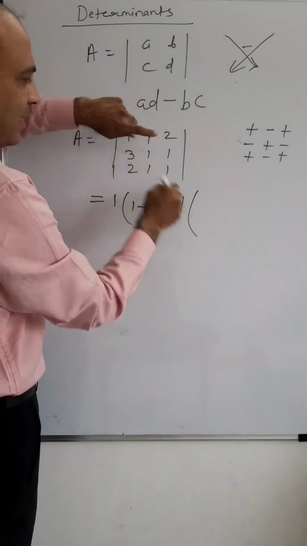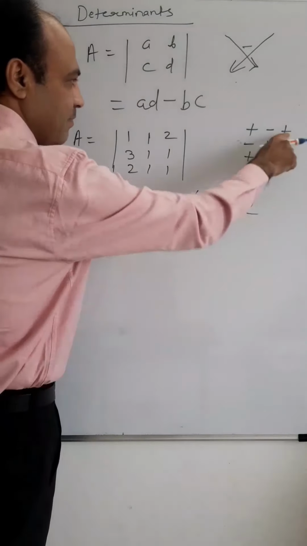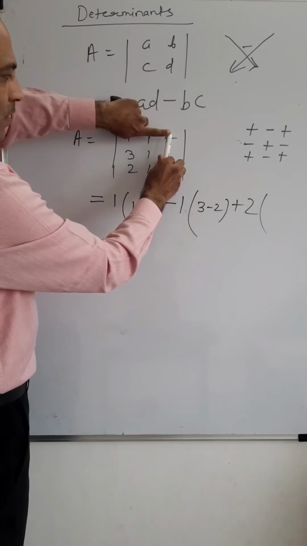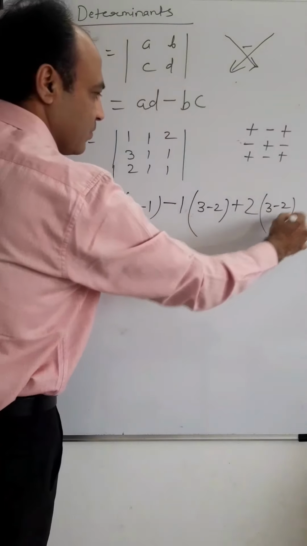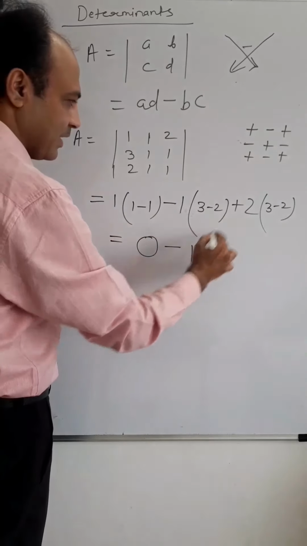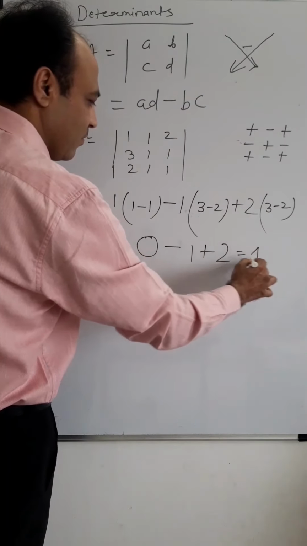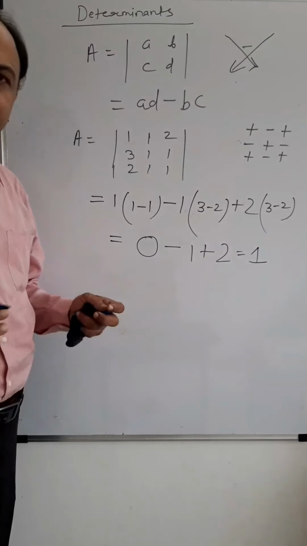So 3 into 1 and 2 into 1, 3 minus 2, and then plus 2. Close this column, close this row, 3 into 1 minus 2 into 1, that is 3 minus 2. So this is going to be 0, this is minus 1, and this is plus 2, which is going to be 1. Fine. I believe all of you know how to expand the determinant.